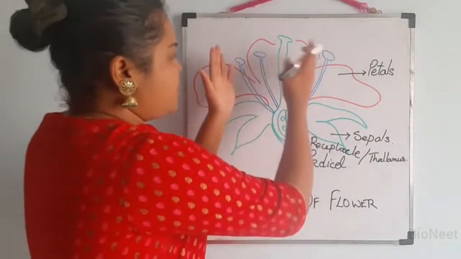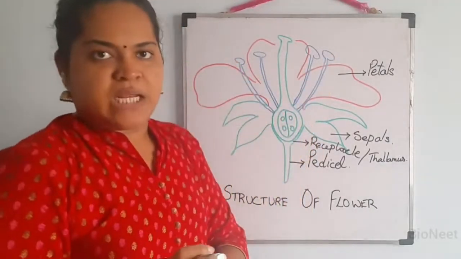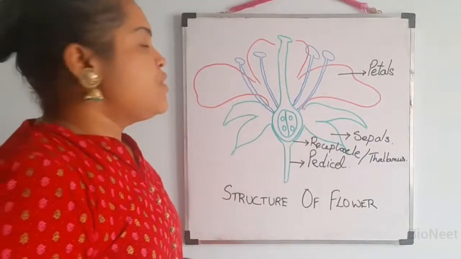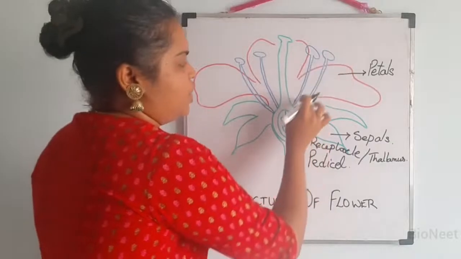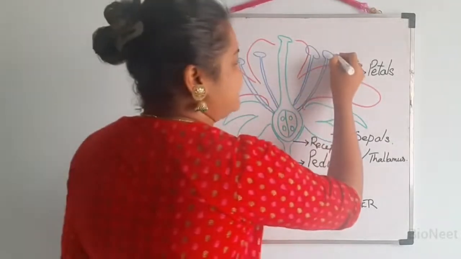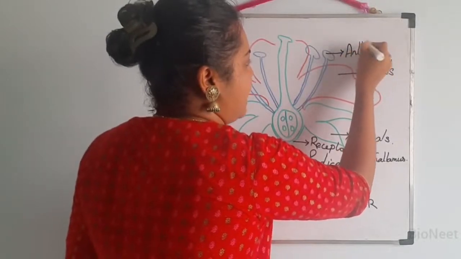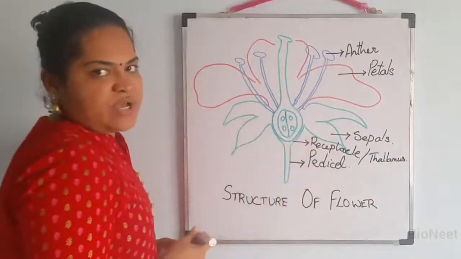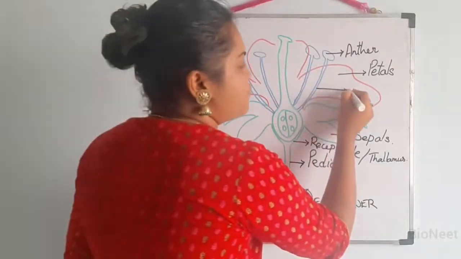Now, can you see something in the inner part of the flower? Those are the reproductive parts of the flower. You can see something very long with a lobe-like structure. That is the anther, and the anther is held by a thin thread-like structure called the filament.